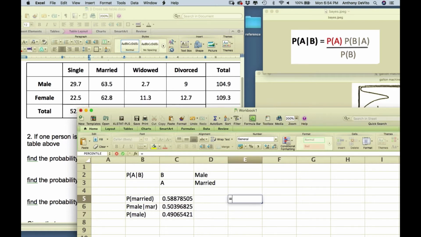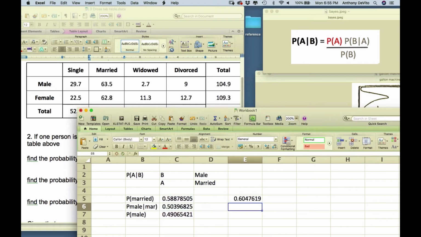The probability that a person is married, given that he's male, is going to be equal to the probability that he's married, which is this, times the probability that he's male, given that he's married, which is this, divided by the probability that he is male, which is this.